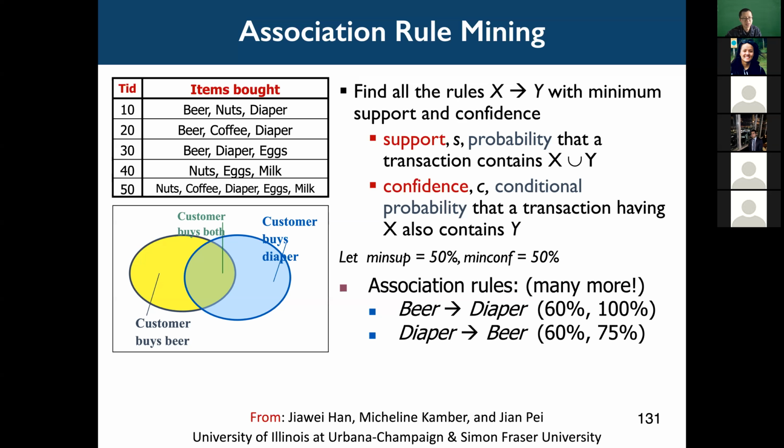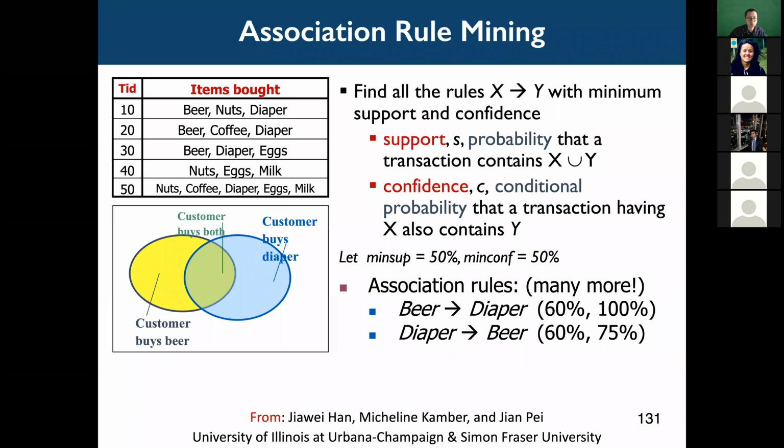Support is the probability that a transaction contains both A and B. Confidence is the probability that when people buy A, people also buy B. Then we can set a minimum support and minimum confidence threshold, calculate the support and confidence of different rules, and identify the frequent rules.